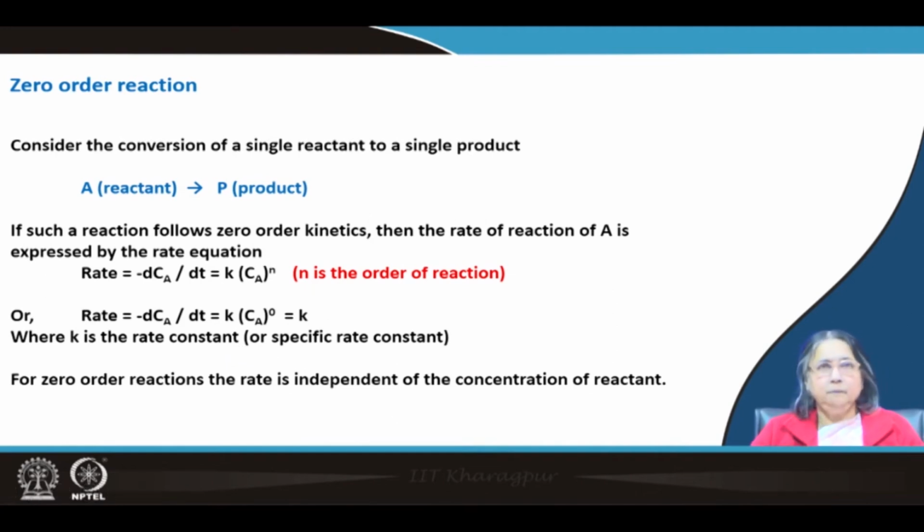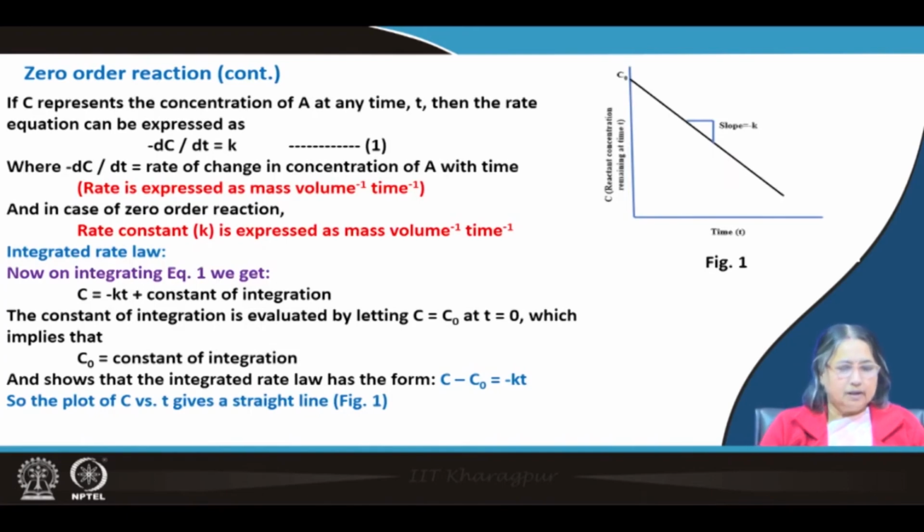Now, in case of a zero order reaction, to simplify, I have removed the d term, because writing dC_A/dt all the time is cumbersome. We have seen in the previous slide that the rate, minus dC_A/dt, is nothing but k. This is for the zero order reaction. Now, the rate of change of concentration of A with time is the rate.